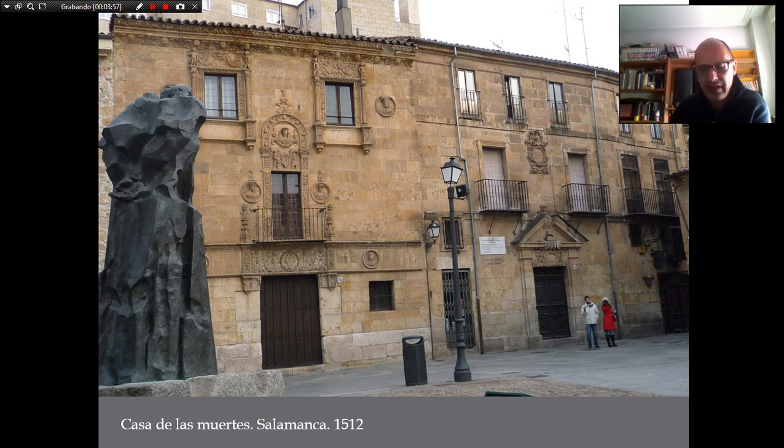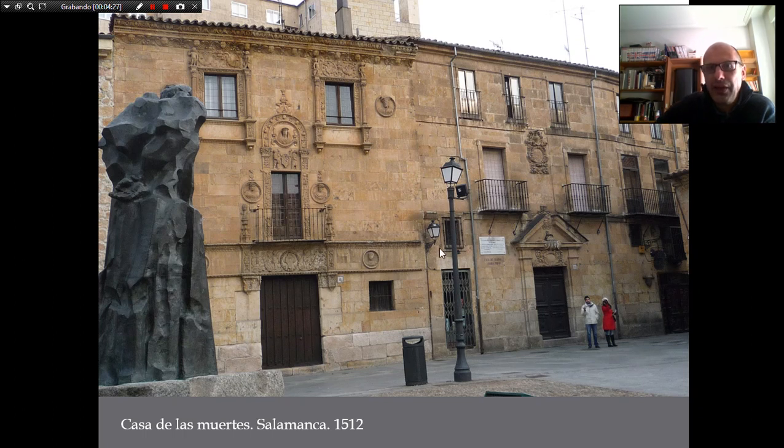For example, this house that we have here, the House of the Dead, Casa de las Muertes in Spanish. You can see the date is 1512. We don't know exactly. There's a story about a husband who discovered his wife cheating on him, and he's going to kill everybody inside the house. But I'm not sure about this story, this legend.